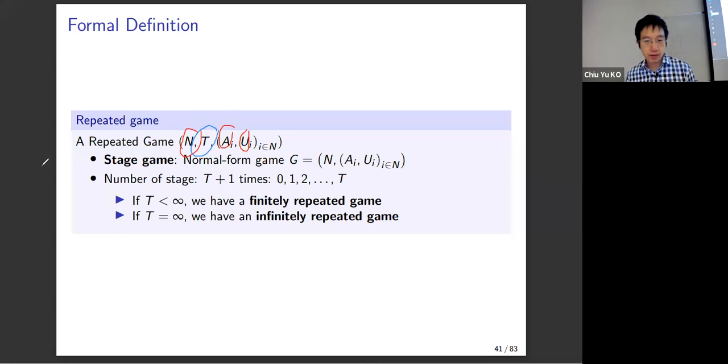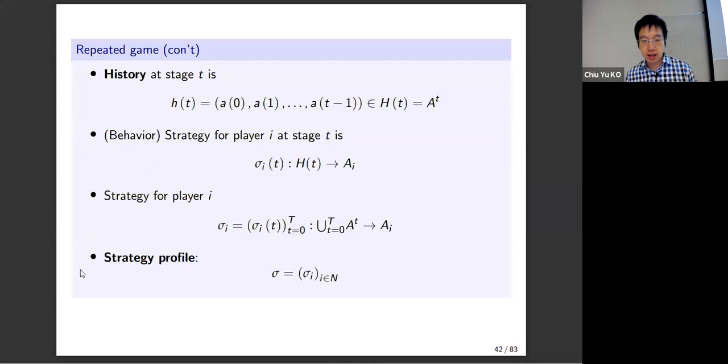Now the question would be, how do you write this kind of stuff? It's very complicated, but the idea is the same as before. There's nothing new there. History just depends on what has been done. Your strategy depends on history.